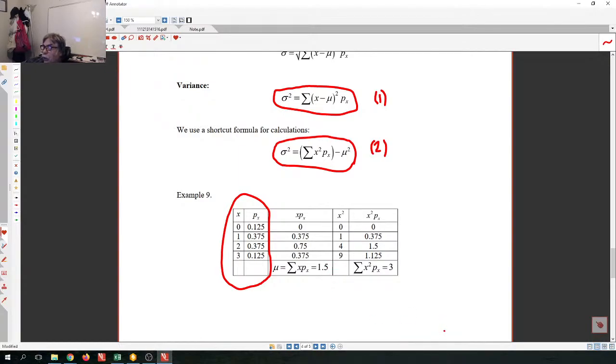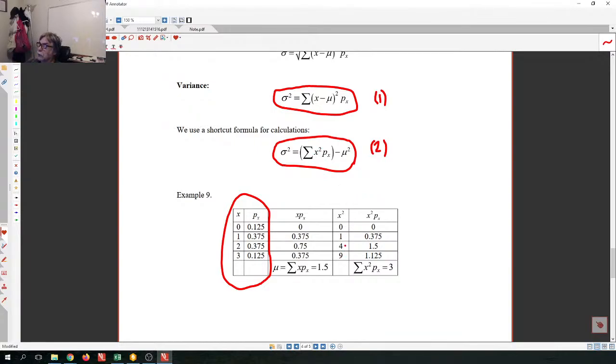Okay, now you need the square, all right? Square of 0 is 0. Square of 1 is 1. Square of 2 is 4. Square of 3 is 9. So these are the squares of the variable x. So the x is 0, 1, 2, 3. But in this formula, as you can see, you need the square of x. So you need 0, 1, 4, 9.